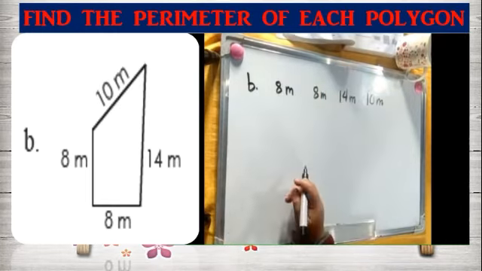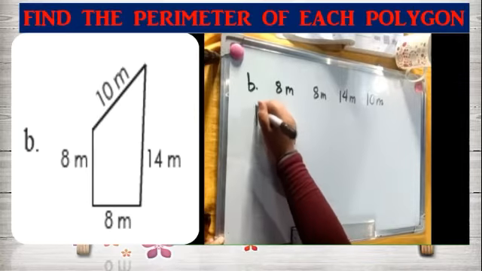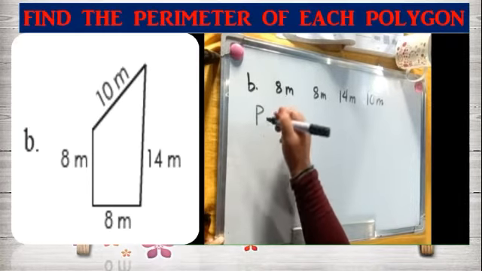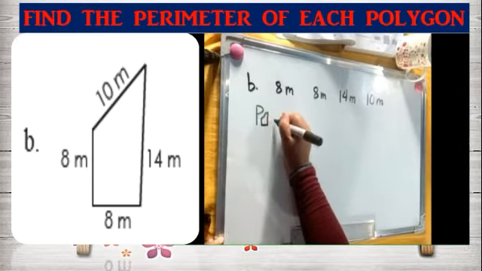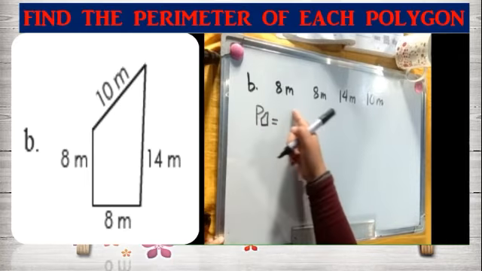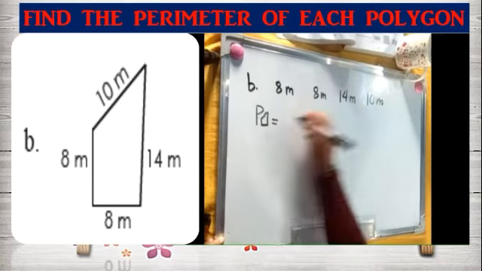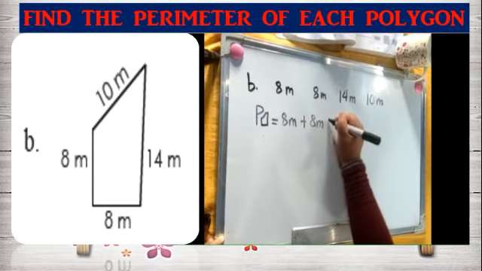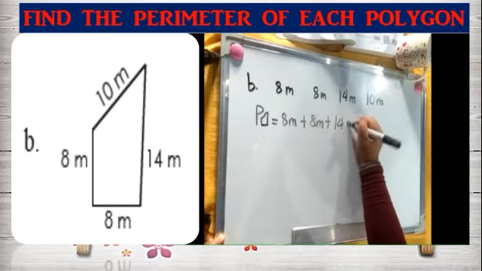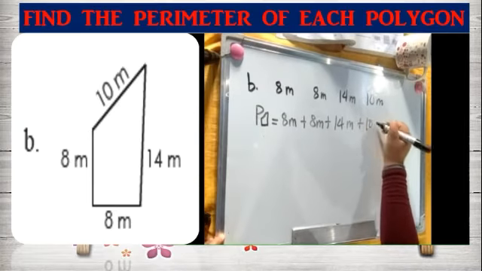How to get the perimeter of this pentagon? We are just going to add all the sides. We have 8 meter plus 8 meter plus 14 meter plus 10 meter.